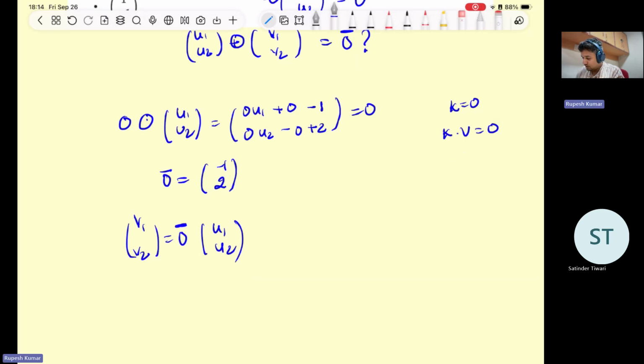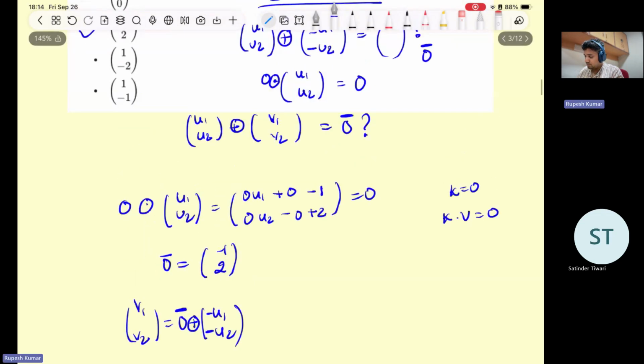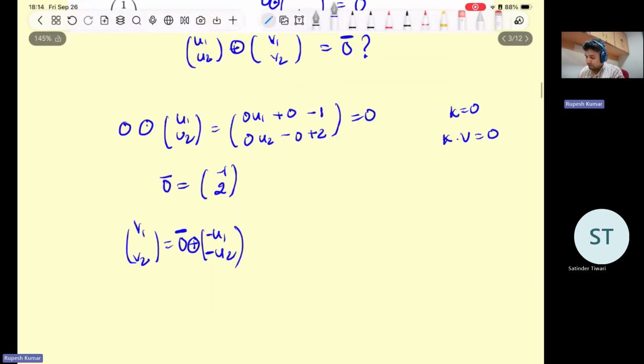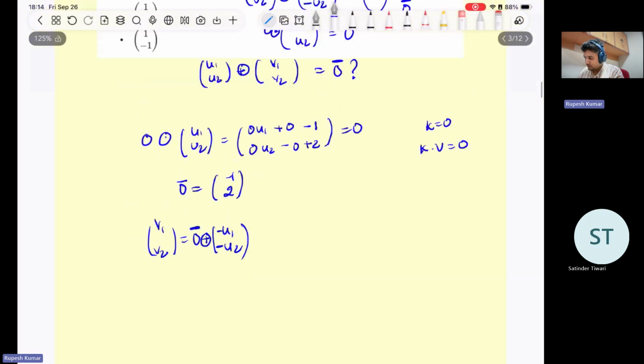In this new space, it will look like this: zero hat plus the new plus operator, and then apply the negation on this, right? So this will be the negative operator. And from here, you can always find v1, v2. What is the additive inverse that makes it zero, right?